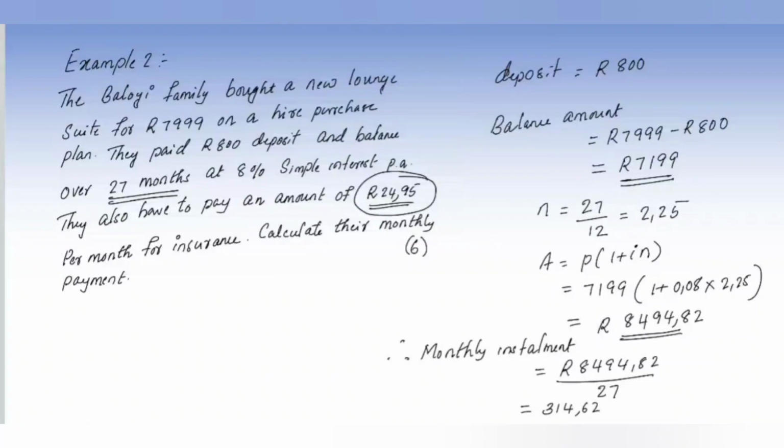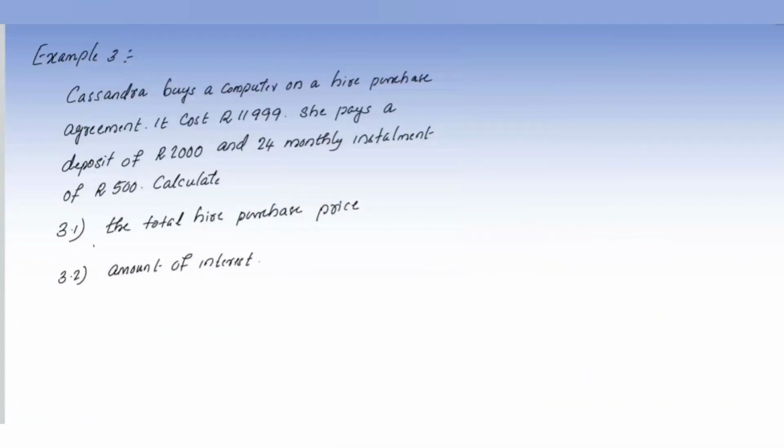But don't forget, here their policy is they have to pay 24 rand 95 cent with each monthly installment. That is also given. So this is not our final answer. To each monthly installment you have to add 24,95. Therefore, the final answer is rand 339,57.